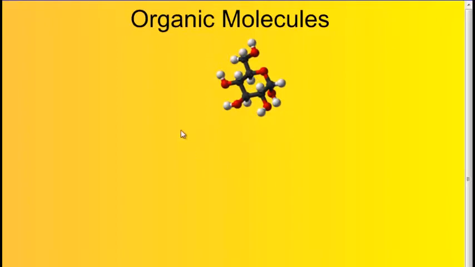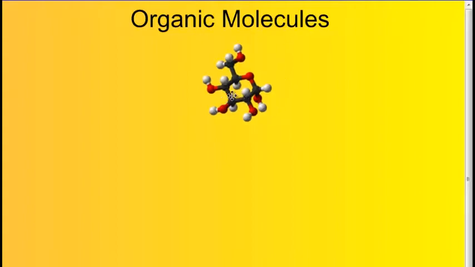This is a kind of modified ball and stick model of one kind of organic molecule called glucose. And it's made up of hydrogen atoms, carbon atoms, and oxygen atoms.